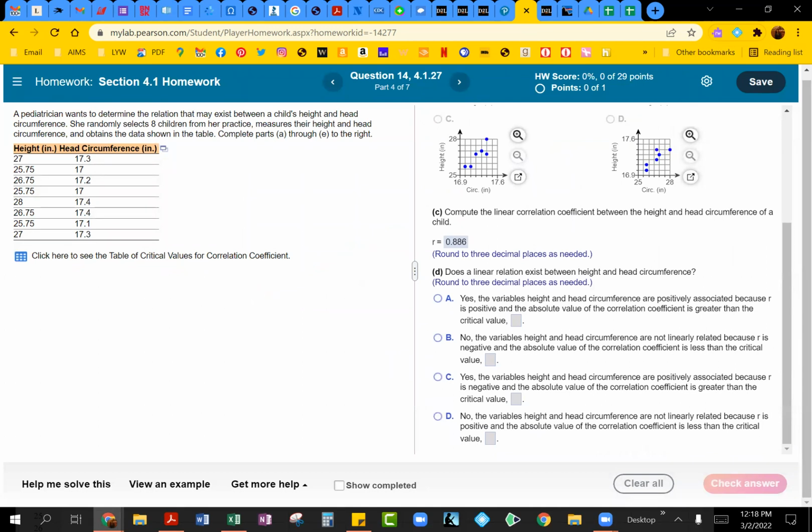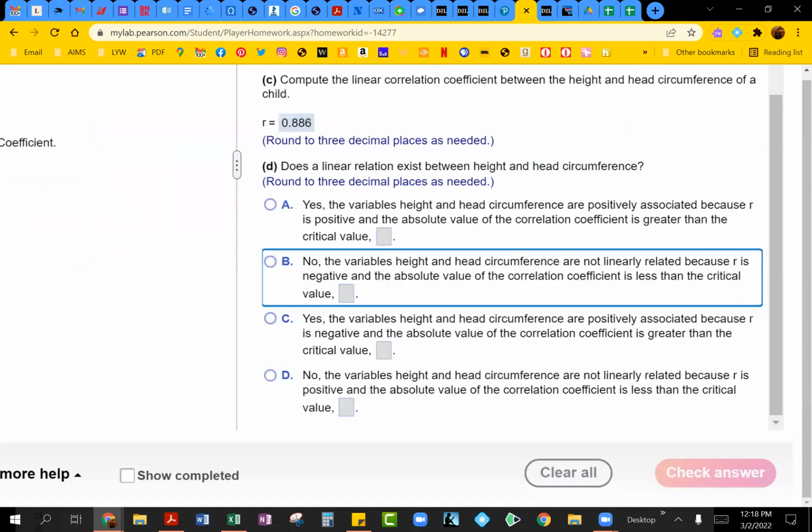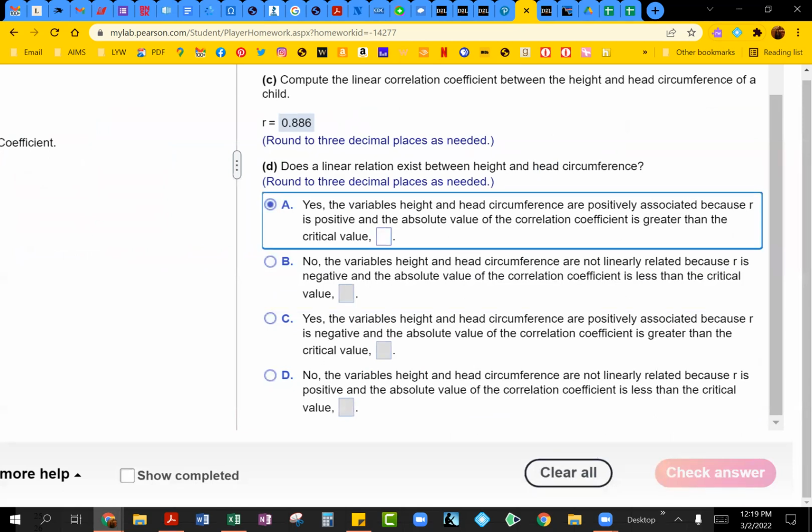So this one is asking, does a linear relation exist between the height and the head circumference? In this case, we would say yes, definitely. So the two yes options are A and C. This one is saying yes, the variables height and head circumference are positively associated because R is positive and the absolute value of the correlation coefficient is greater than the critical value.